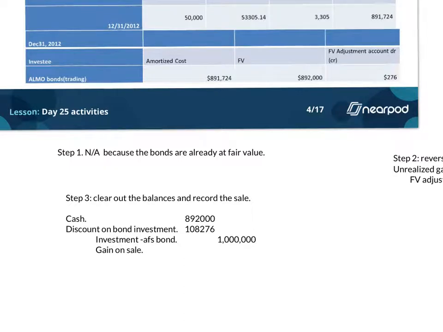And of course, this would say held to maturity. And the gain on sale would be 276. So that's what would happen if it was held to maturity.